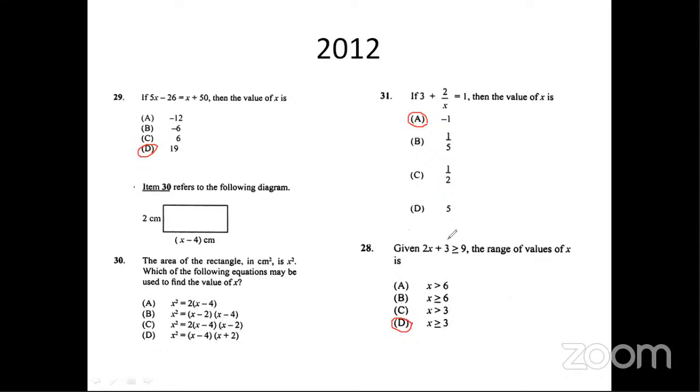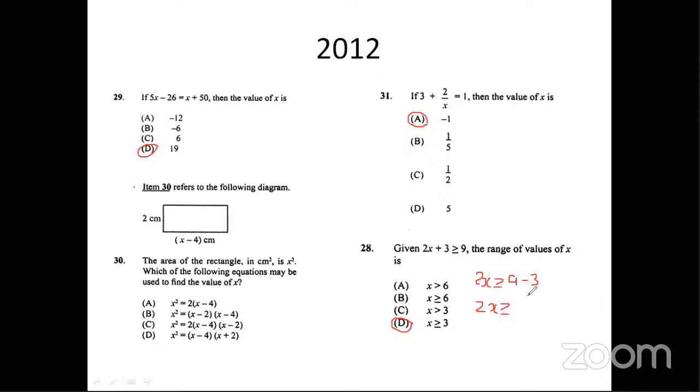So of course, we would have moved over the 3, so we'd have had 9 minus 3. We would have gotten 2x. And again, we are using the inequality sign, this greater than or equal to sign, as an equal sign, but we're not changing it.